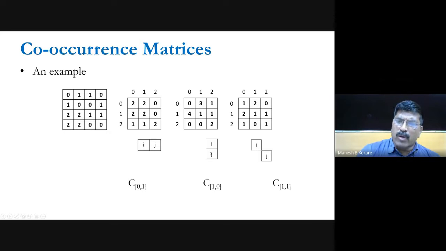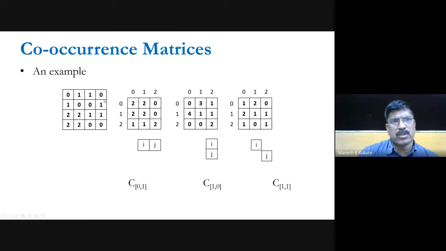Now if you have this in a column direction, what will it be? For example, 0, 0: if you go in a column scanning, is 0, 0 there? No, it's not there. So this value is 0. Now I is 0 and J is 1 here.